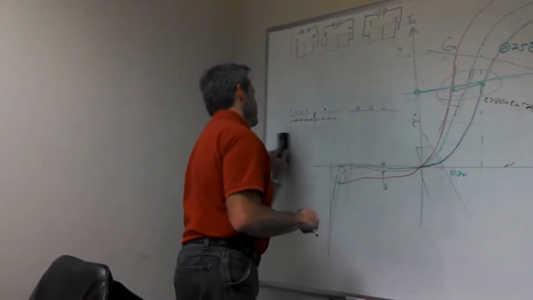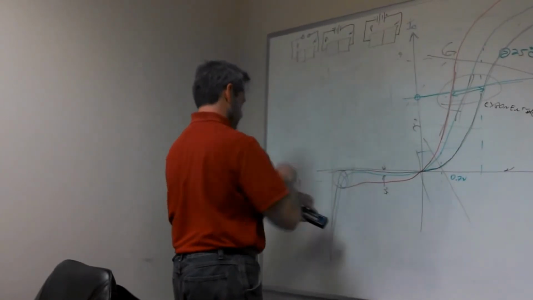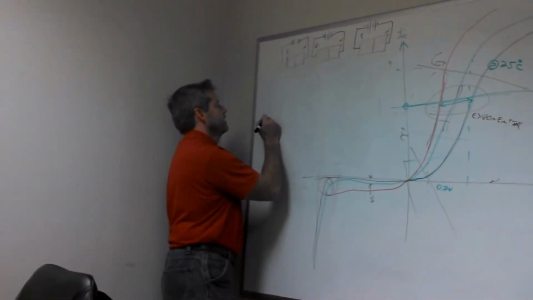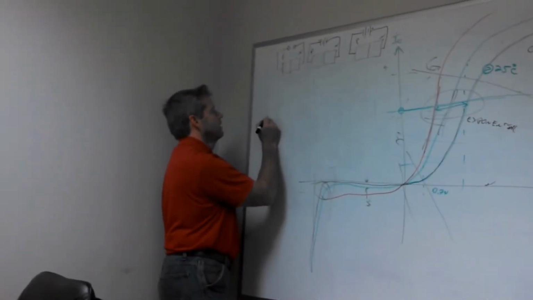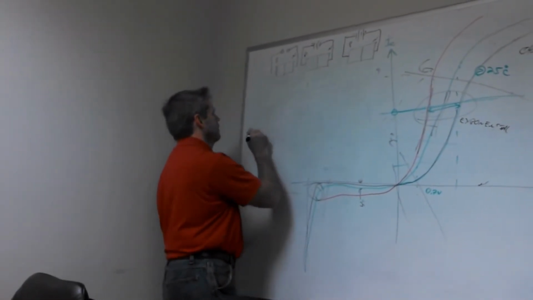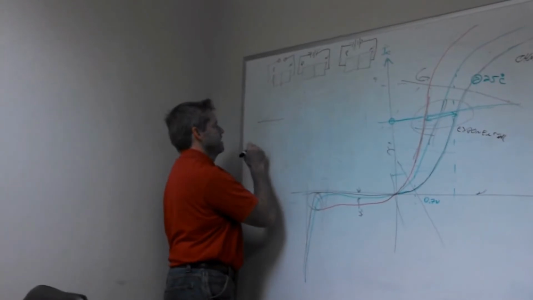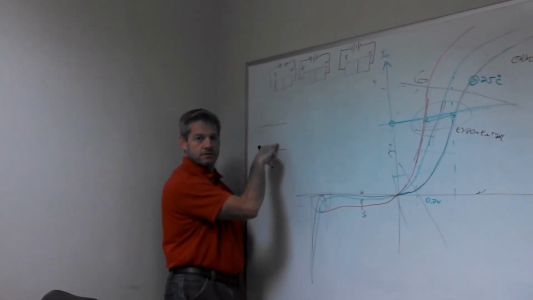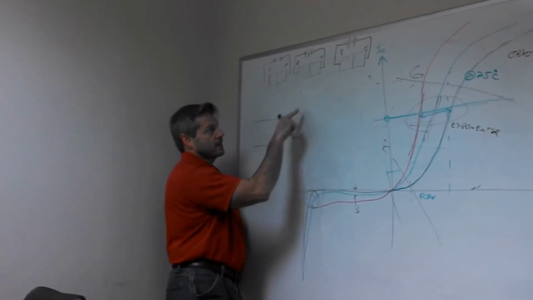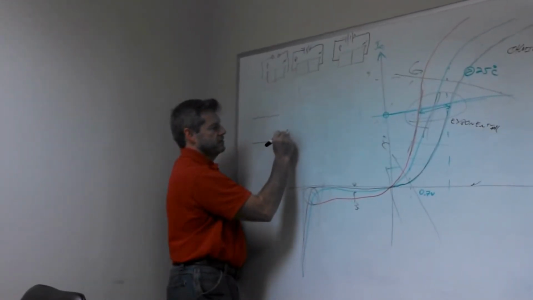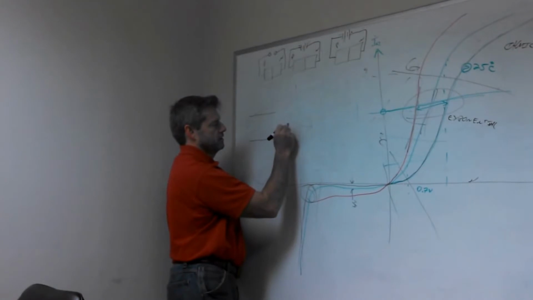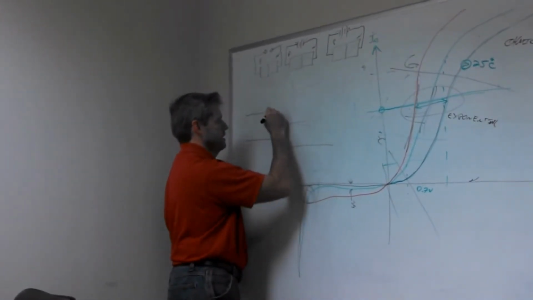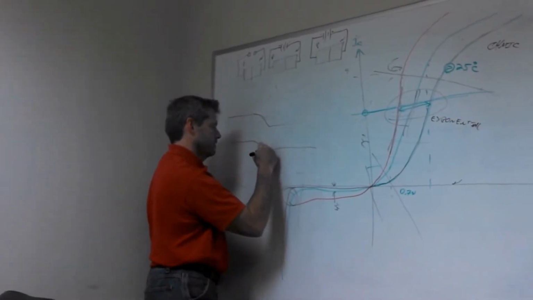When you put this together into a junction, you get this guy's band, his donor energy level aligns with this guy's donor energy level, like this. And you get this kind of a thing going on.